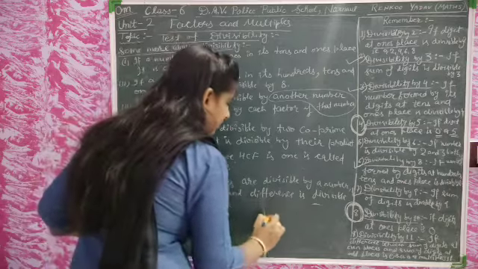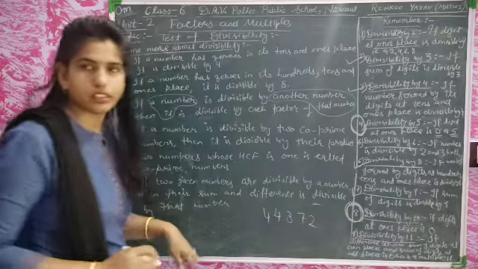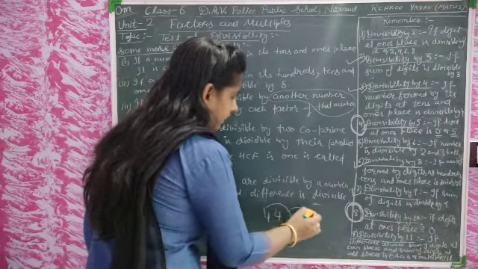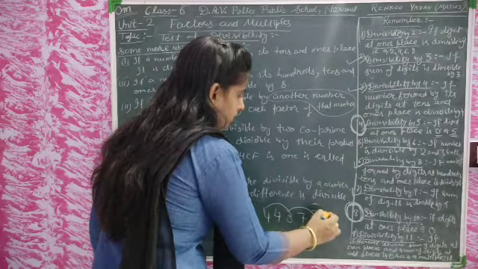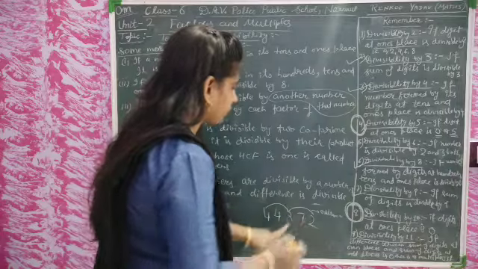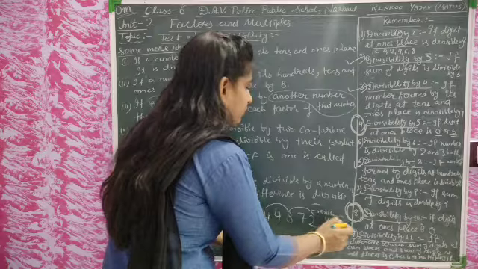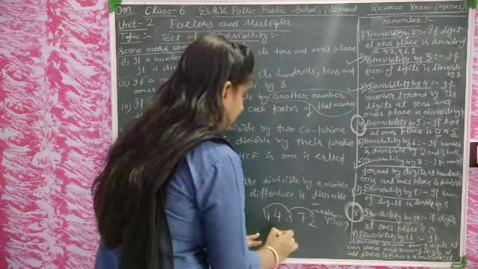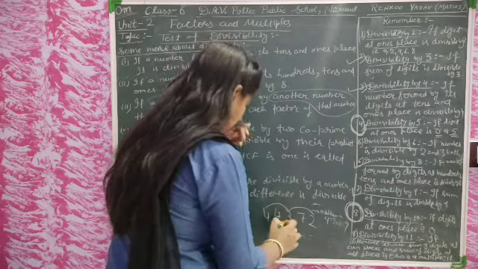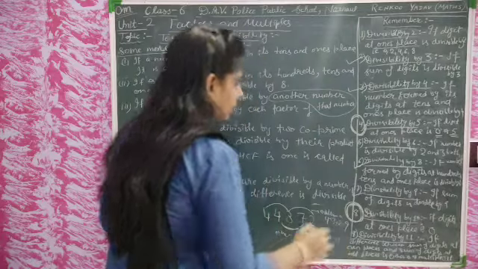And the even sum is 4 plus 7, that is equal to 11.